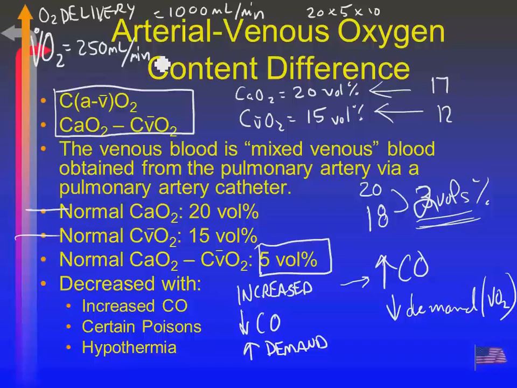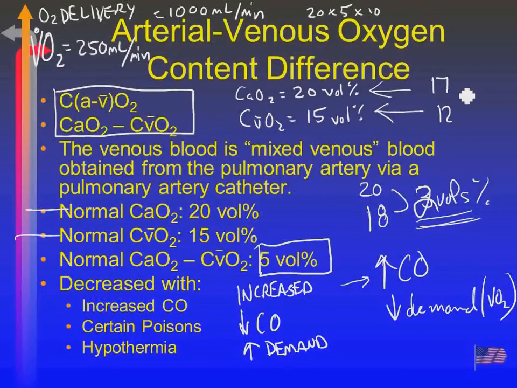But if you're normal, like me, we only utilize about 250 milliliters per minute. I'm supplying 1,000, but I'm only using 250. That's a huge reserve, right? But it's needed for those times when you get on a treadmill. You're going to be consuming more oxygen, so I have to have more oxygen being delivered.